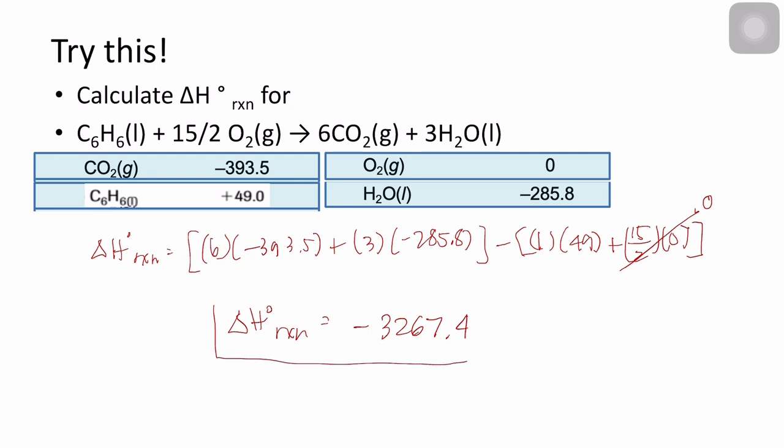Your answer should be negative 3,267.4 kilojoules.